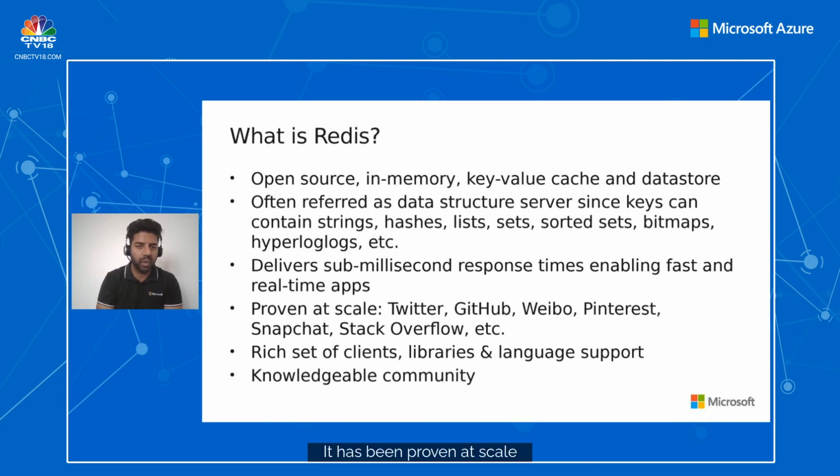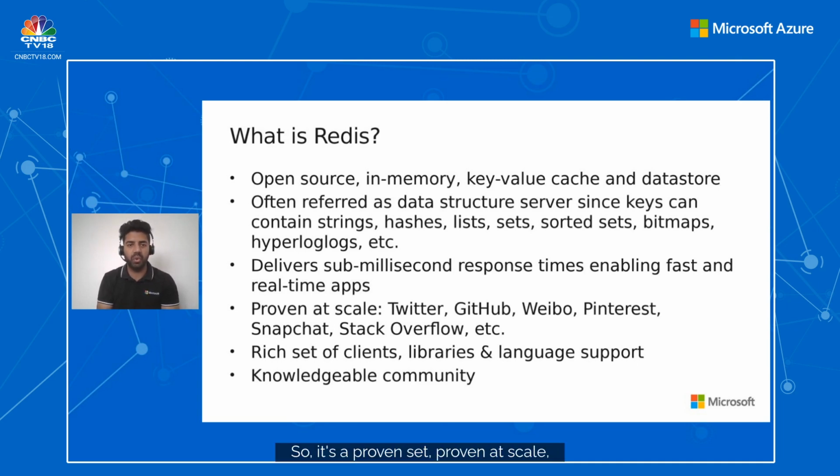It has been proven at scale, and a lot of applications or modern websites that you use today use Redis. A few of the well-known things that you use in your daily life, and they use Redis, are Twitter, GitHub. Again, at such a huge scale, Redis is being used. Weibo, Pinterest, Snapchat, Stack Overflow, etc.